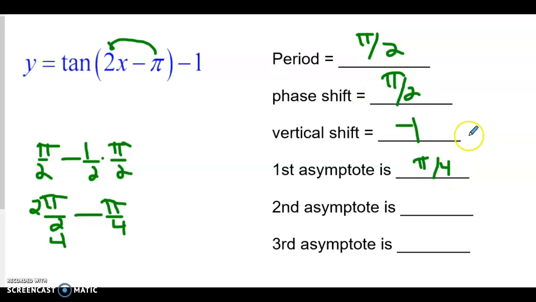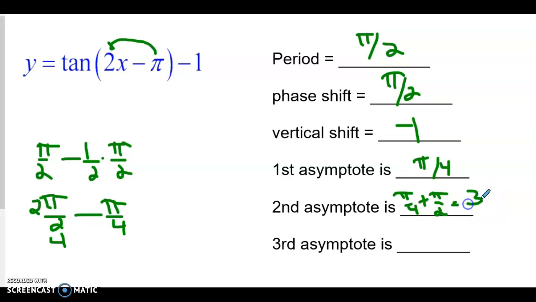Okay, that looks better. For your second asymptote, you start with this pi over 4, and then you add on a full period. So our period is pi over 2. Add those together. Well, we got 1/4 and 1/2. That's going to give us 3/4.